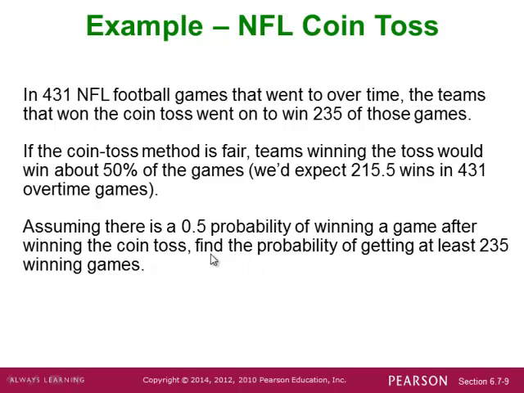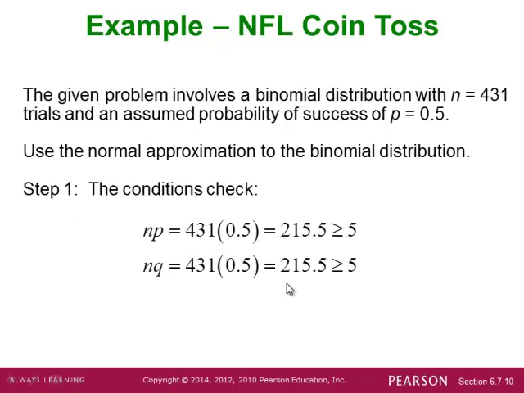So under this assumption, find the probability of getting at least 235 winning games. At least. That means 235 or more winning games out of the 431 played. You'll see we do this sort of testing when we do hypothesis testing.